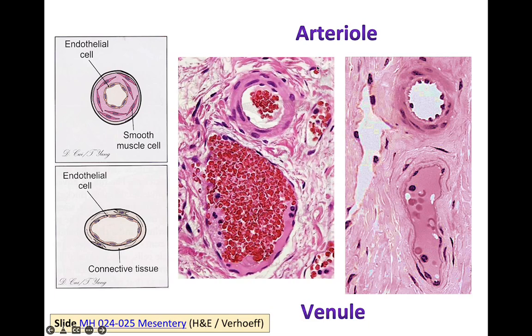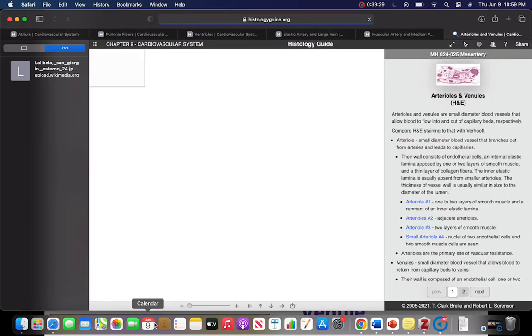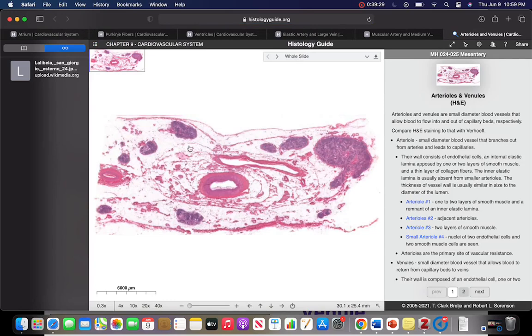So this very small blood vessel is a capillary. So let's see mesentery. This mesentery consists of different types of blood vessels. We can see muscular arteries, collecting veins, and we can also see arterioles, venules, and capillaries. So you can use the mesentery to identify different types of blood vessels.